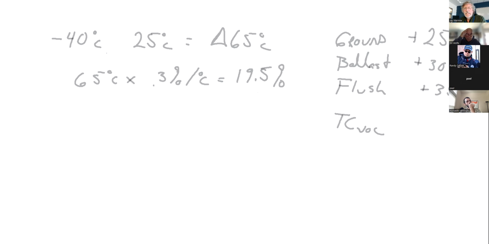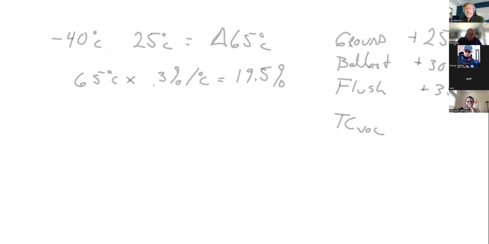Basically, in this scenario, if it's minus 40 degrees Celsius, that panel will generate 19.5% more voltage than it would under standard test conditions, because the temperature coefficient is how much more voltage it will generate for every degree below standard test conditions.